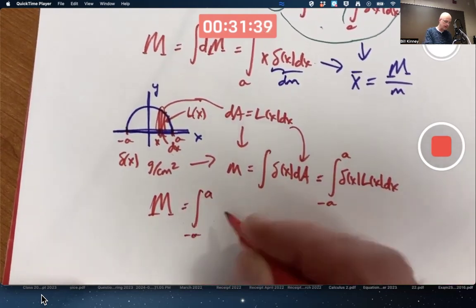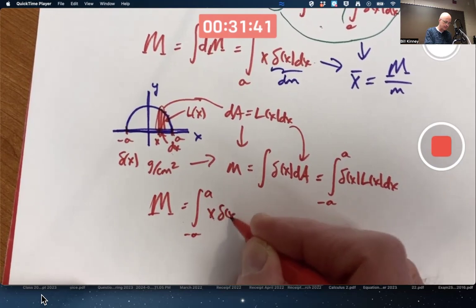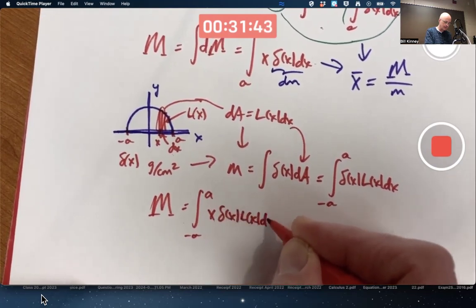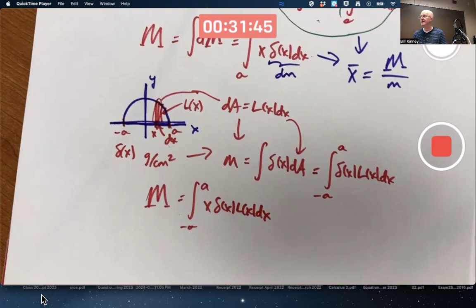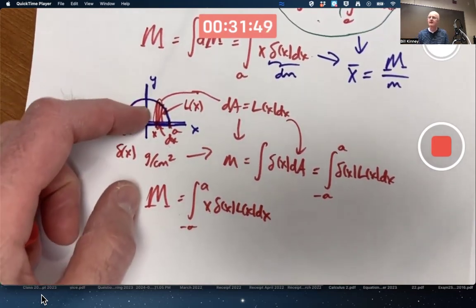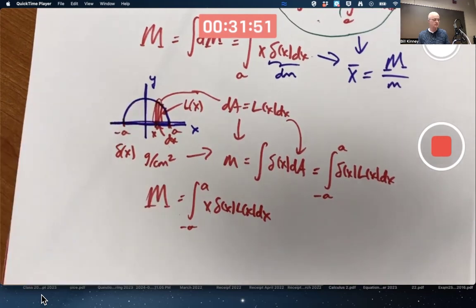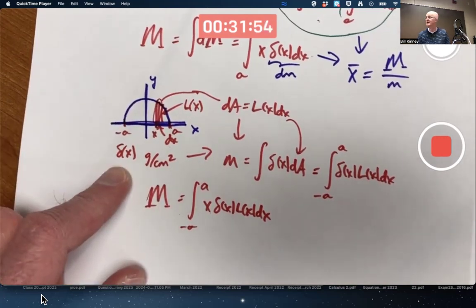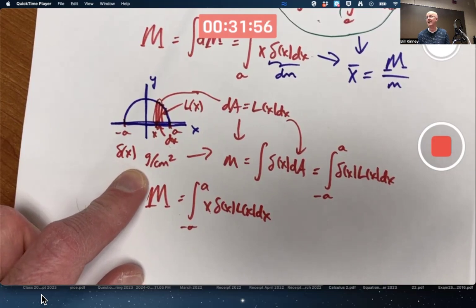I won't go through the derivation. The reason we need this extra L of x function in here is because for one thing, this height depends on x. And for another thing, this density function is in grams per unit area, not grams per unit length.